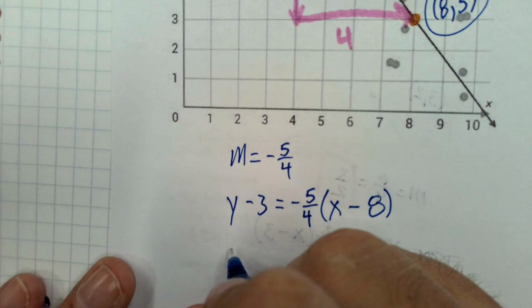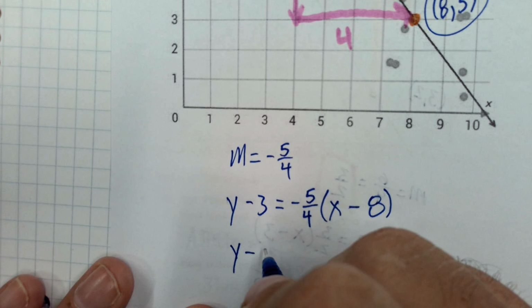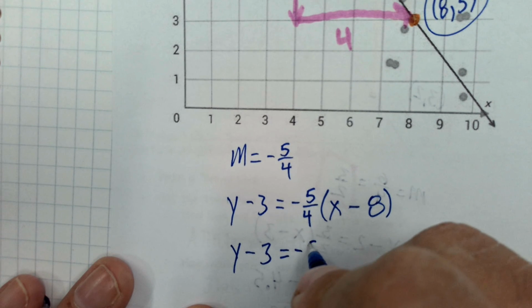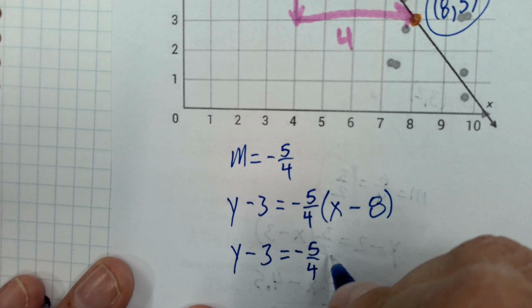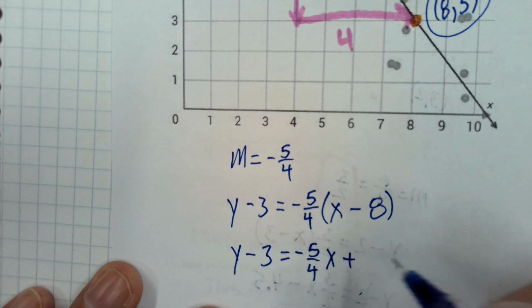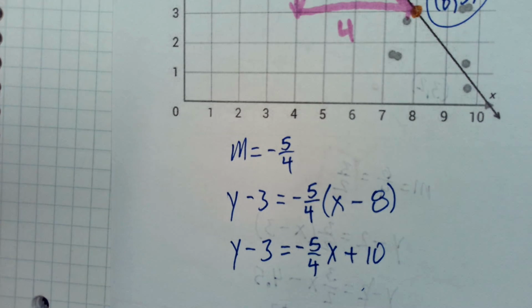Let's distribute the negative 5/4. And what's that going to be? Plus 10. Okay.